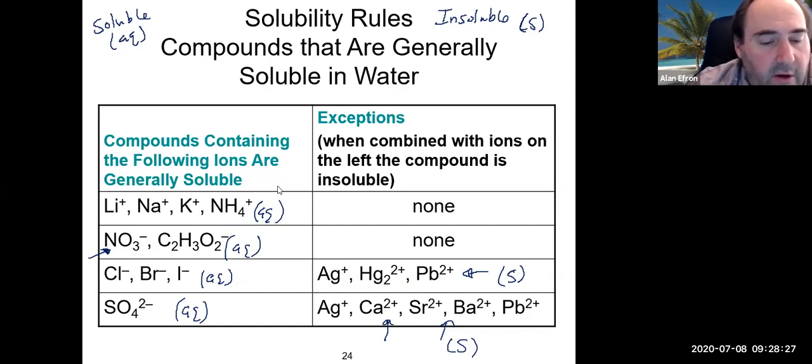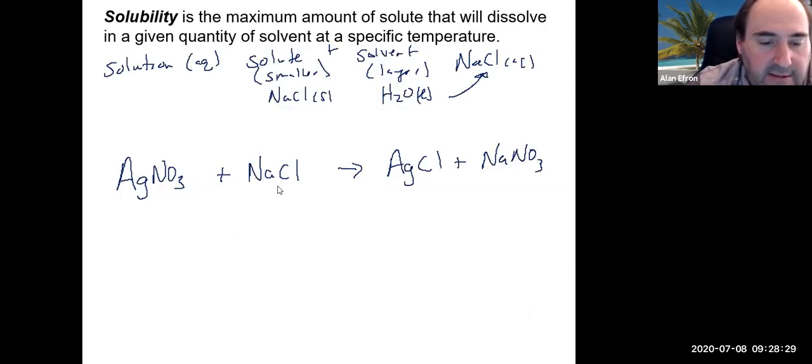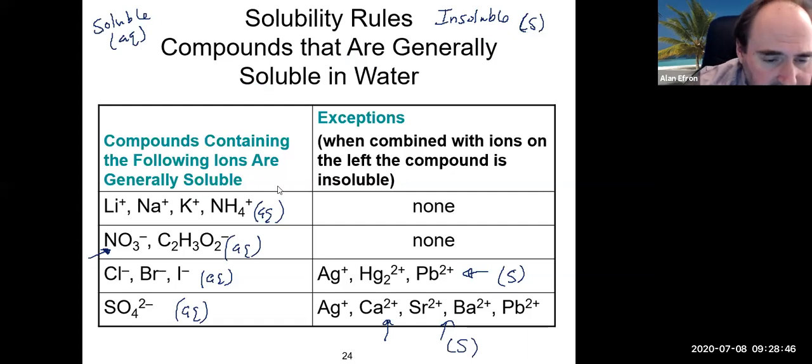There are absolutely no exceptions, which means as soon as I see nitrate in this formula, even though I can't technically find silver, I know it's soluble and should get that aqueous symbol. Now, when I go to sodium chloride, I see sodium, and sodium is part of group 1, which is soluble in everything. There are no exceptions, so I know that's going to be soluble and get aqueous.